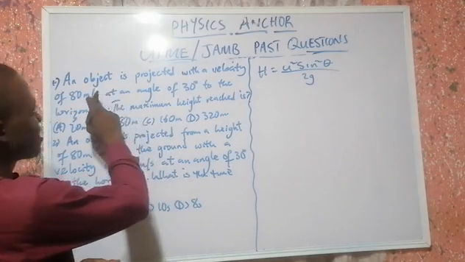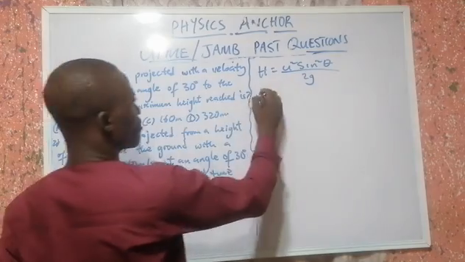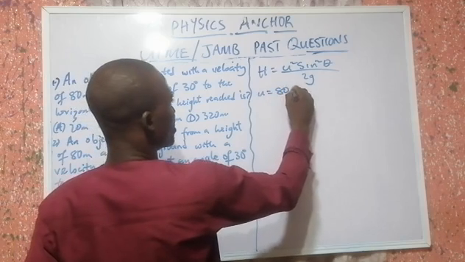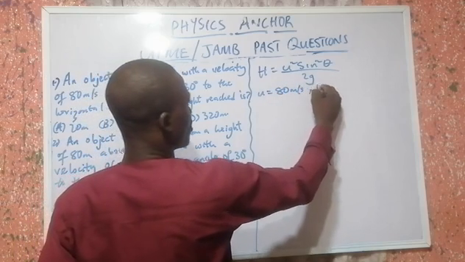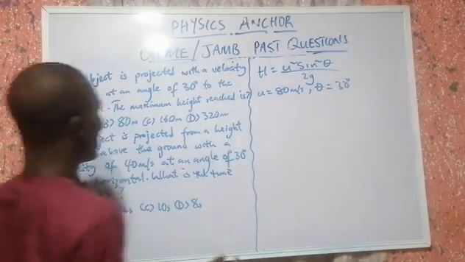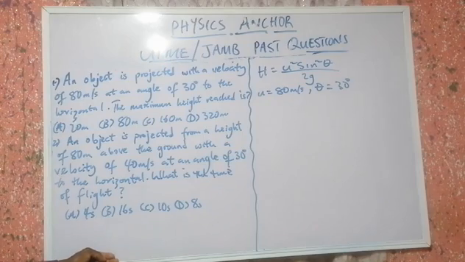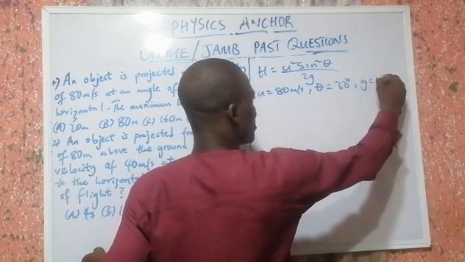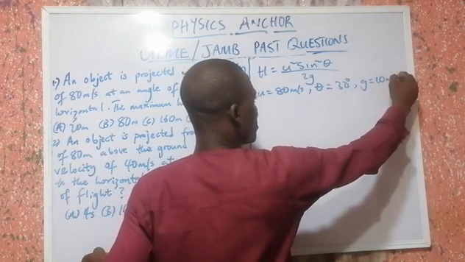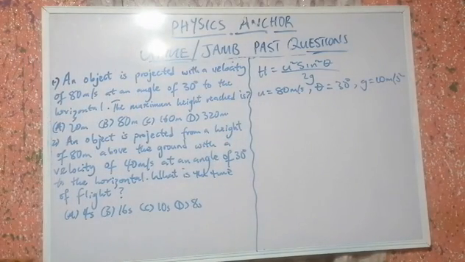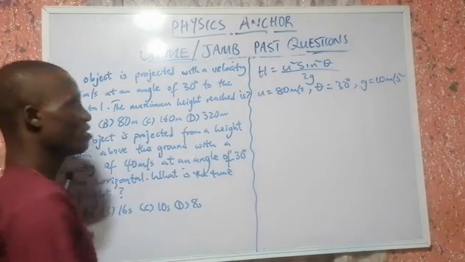The velocity u equals 80 meters per second, theta equals 30 degrees, and they did not specifically mention g. We know that g is constant, the acceleration due to gravity, 10 meters per second squared. So all the information we need has been given already, and we can apply it in the formula.